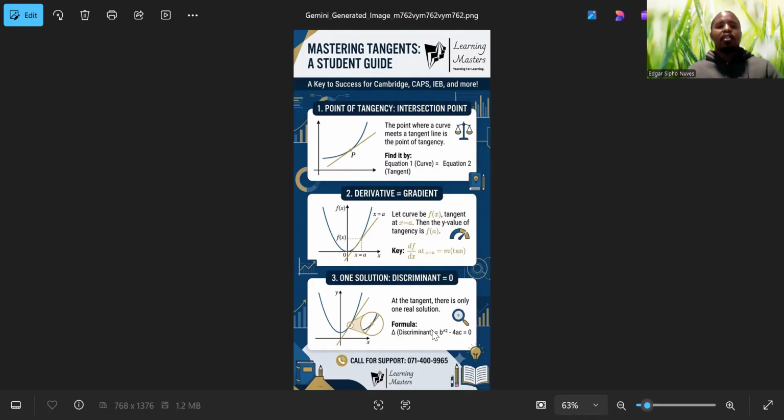The first thing to note is that the point where a tangent and a curve meet is called a point of tangency, and it is a point of intersection. Remember that in maths, when any two graphs, curves or lines meet, to find the coordinates of that point of intersection, you always set the equation of one graph equal to the equation of the other and solve for x.